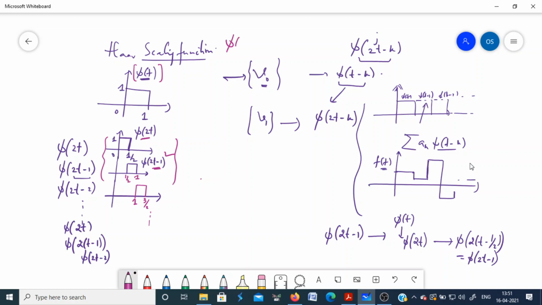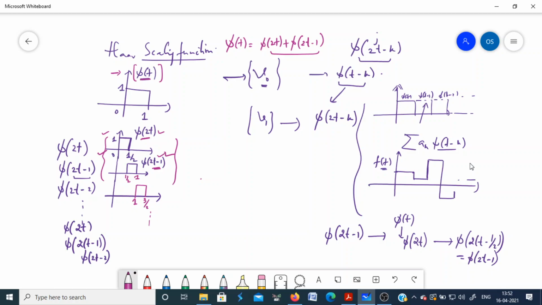So here phi t is nothing but phi 2t plus phi 2t minus 1. What it means is that since I can generate this function phi t from these two functions, phi 2t minus k, it means all the functions which can be generated from phi t can also be generated from phi 2t and phi 2t minus 1.